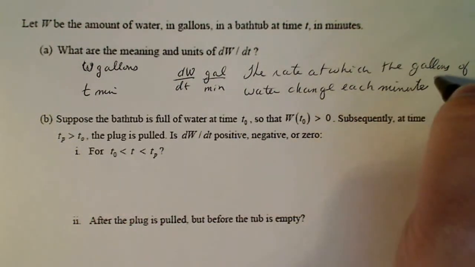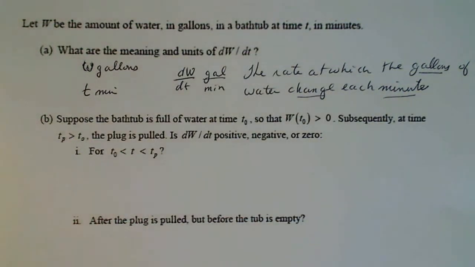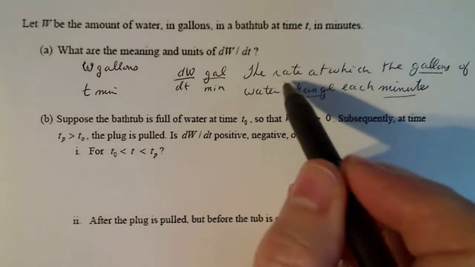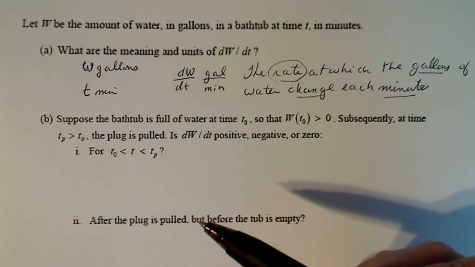So I got the word gallons, which is changing for every minute of time. So gallons per minute, and it's a rate because the derivative is a rate of change.